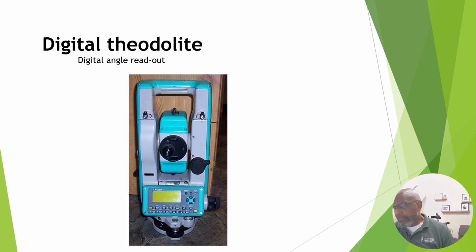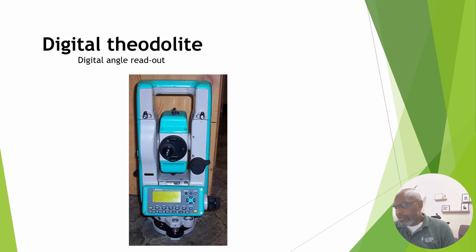Actually, the manufacturers built the original digital instrument on the same structure used for the optical theodolites. The telescope, the clamping system, the tribrach, and the optical plummet are the same. Only the angle measuring and reading system is different.